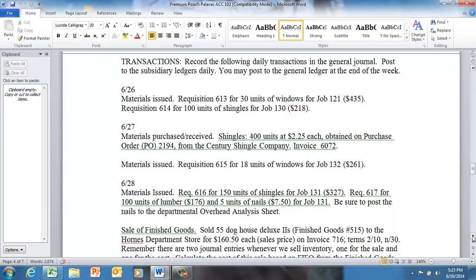But windows and shingles are very expensive parts, and we can tell exactly how many of them go to each exact job. And so we can trace each shingle, each window pane to a specific job. Unlike nails, we can't really trace each nail to what job it went into. And so those are indirect materials. So here we have two sets of direct materials. They are going to go into work in process and come out of materials. And so that's how we're going to put it on our journal entry.